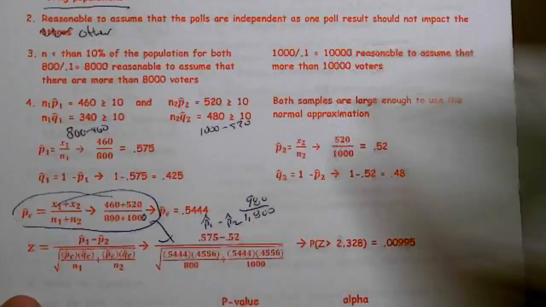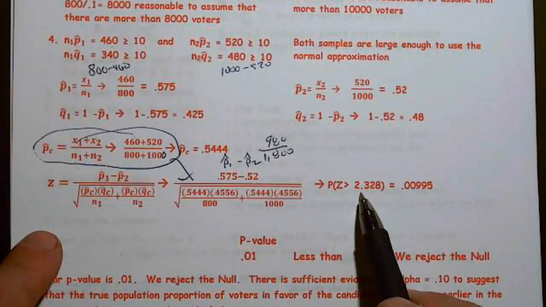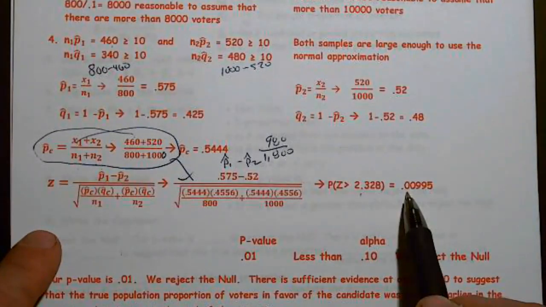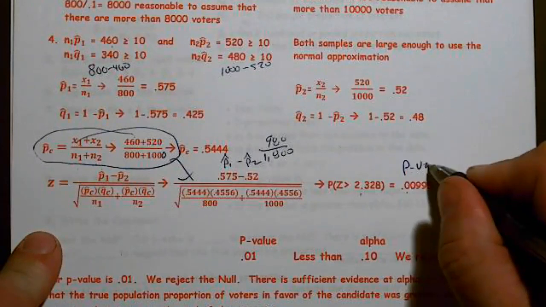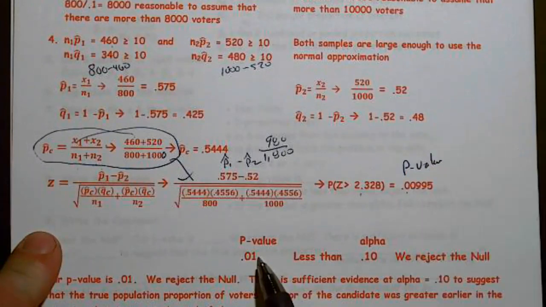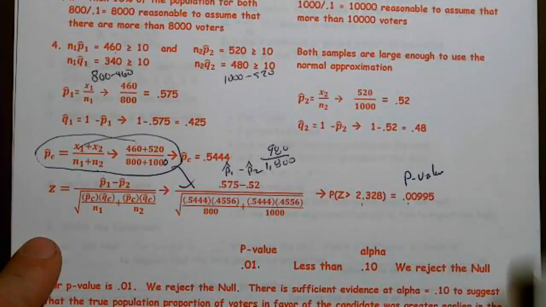All right. So our Z is 2.328, and we have 0.0099 as our P value. Our P value is less than our alpha.